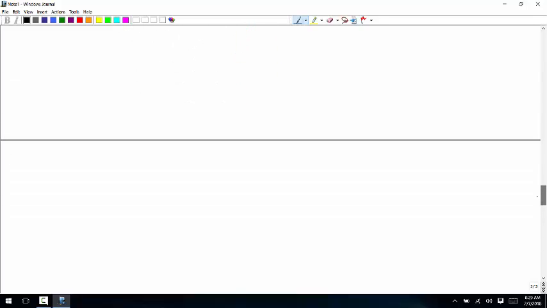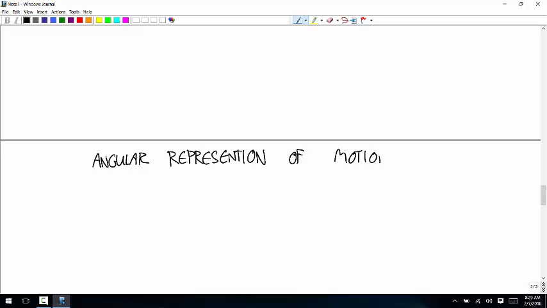Okay, so now we're going to go from position, velocity, acceleration to a new way of representing things that's going to be useful sometimes. I'll call this the angular representation of motion.